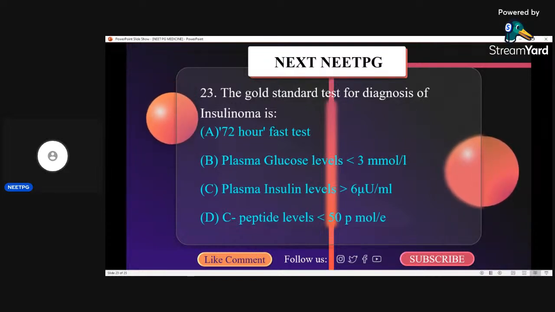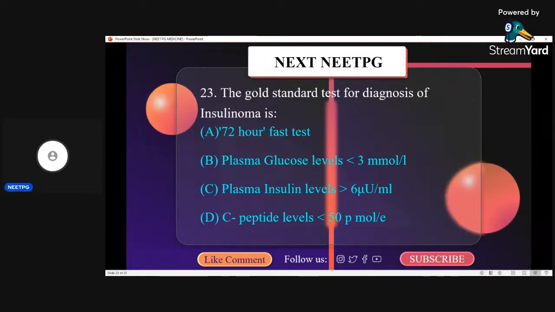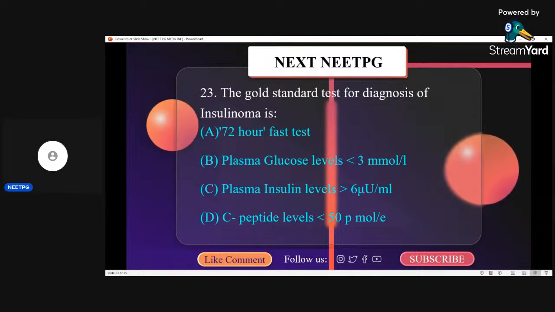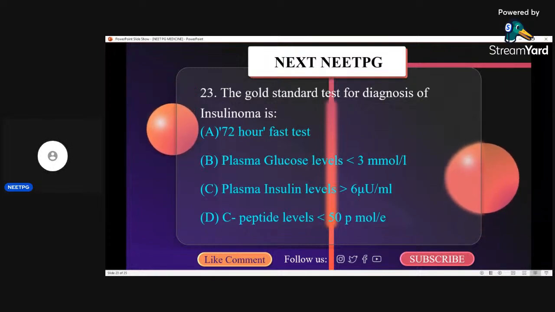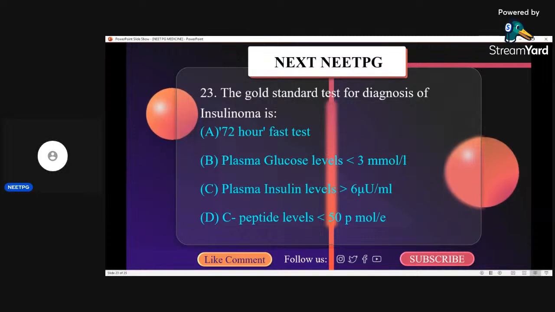So it becomes the gold standard test for establishing a diagnosis of insulinoma. The gold standard test for diagnosis of insulinoma is the 72-hour fast test.